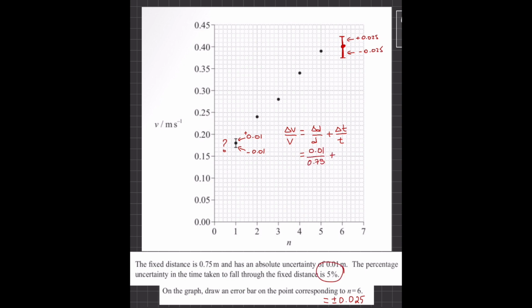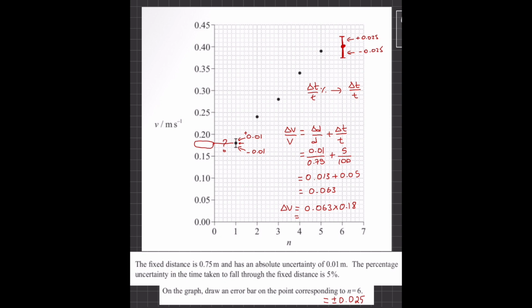As I said, since here the uncertainty of time is given to us as a percentage fractional, in order to go from percentage fractional to fractional, you just need to divide what is given by 100, and you get 0.063. Okay, so to find the uncertainty at this point specifically, we have to multiply 0.063 by how much? How much is this value? 0.18.